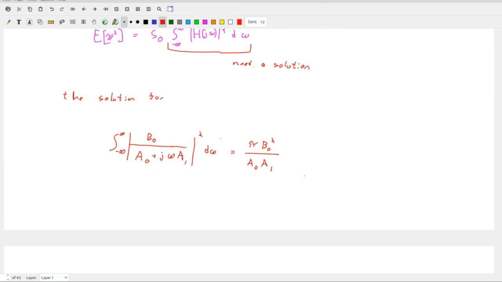So that's a good solution we can have. Again, our b naught and a naught will end up being terms associated with vibrations. Here they're just put in the standard form.